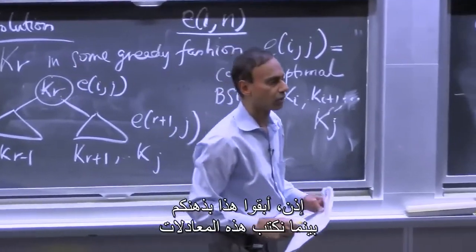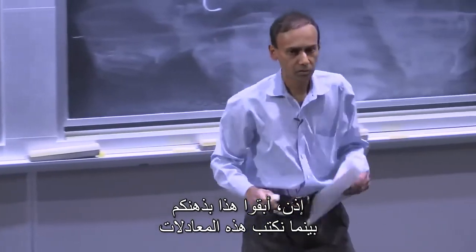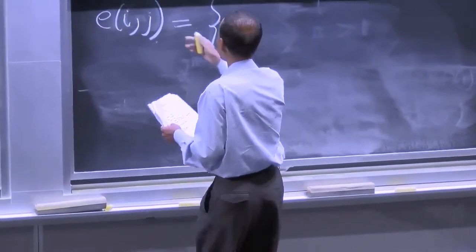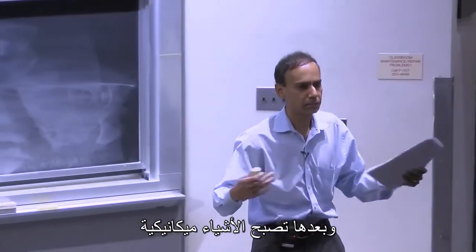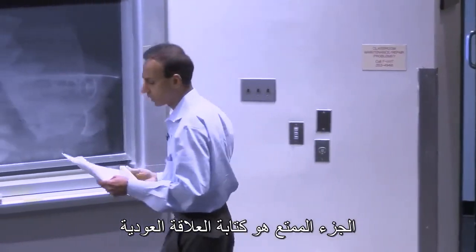Okay? So keep that in mind as we write these equations out. And so what I want to do here is just write the recurrence. And after that, things become fairly mechanical. The fun is in the recurrence.